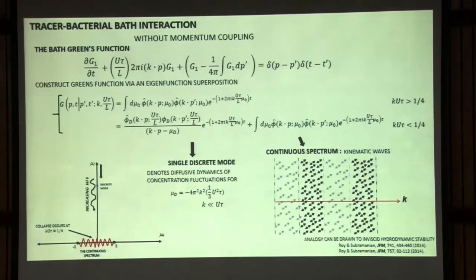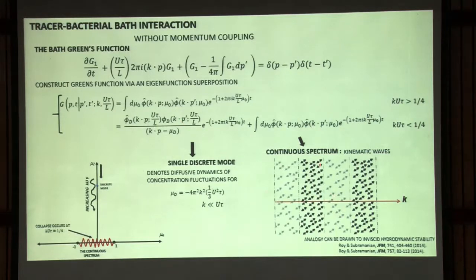The main thing is that the bath modes are of two types. There is the discrete mode, which is more intuitive because it represents diffusion. On long wavelengths, the discrete mode describes relaxation of bacterial concentration fluctuations. But there is also a continuous spectrum, which are number density waves.